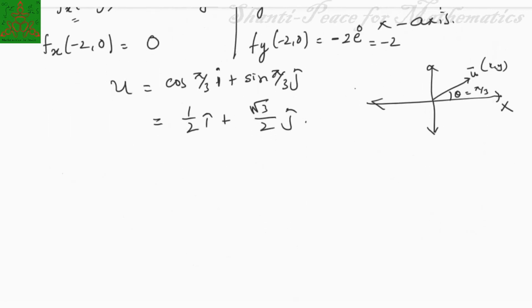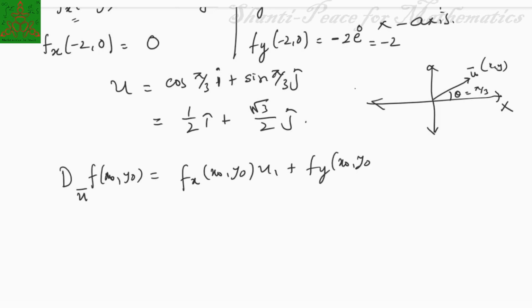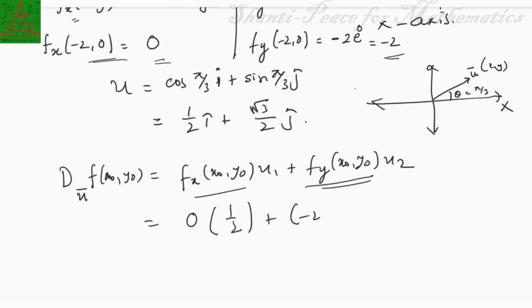Now the question is to calculate the directional derivative of f at point (x0, y0) in the direction of u bar. By definition it is fx at (x0, y0) u1 plus fy at (x0, y0) u2. Fx we have calculated, that is 0 into 1 by 2, plus fy, which is -2, into root 3 by 2. So it is minus root 3, that is -1.73.